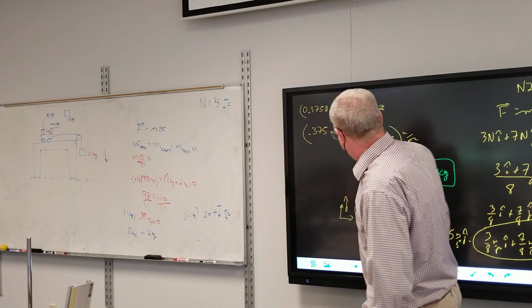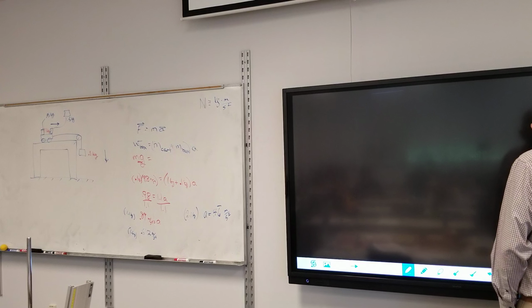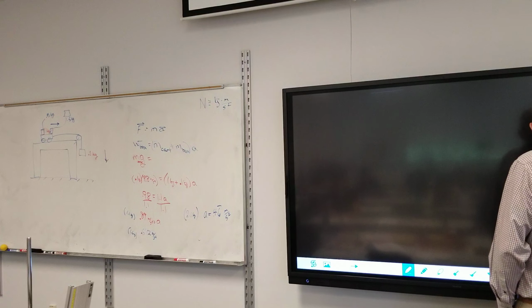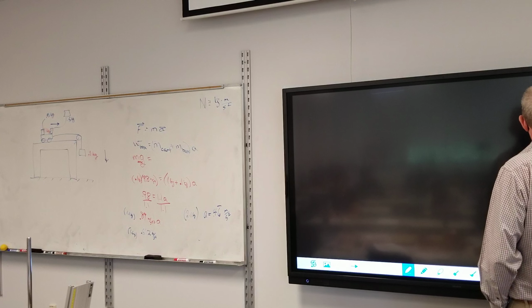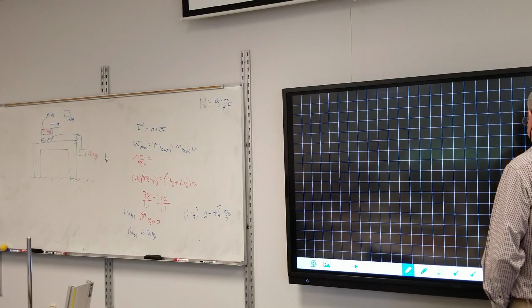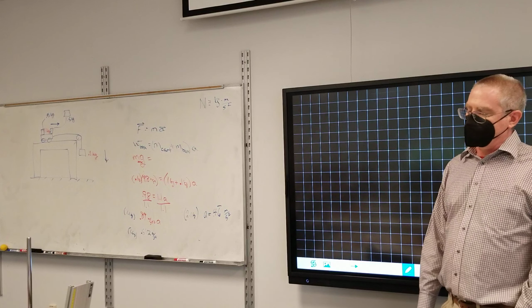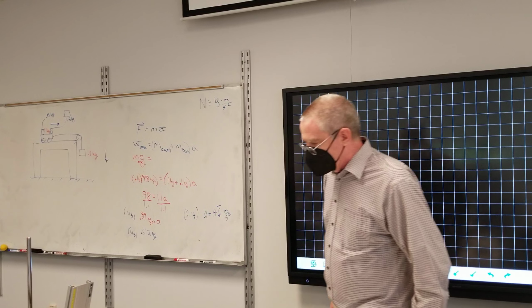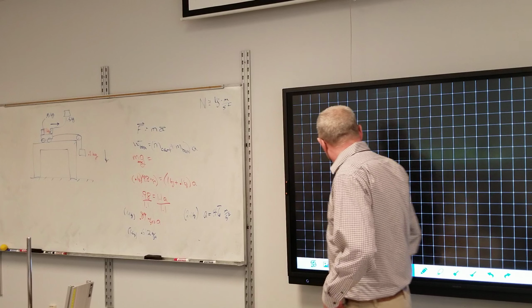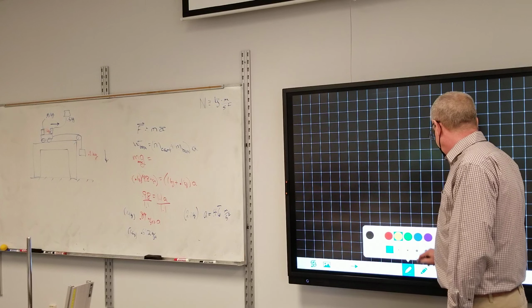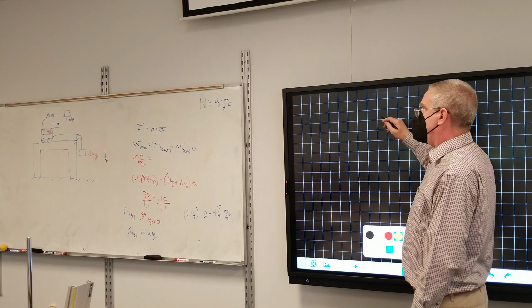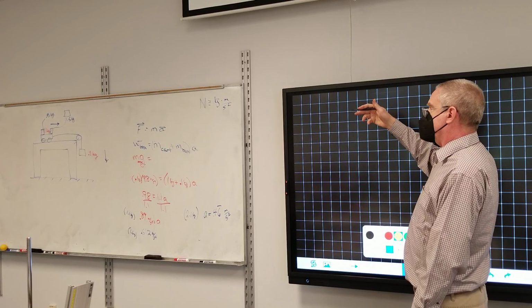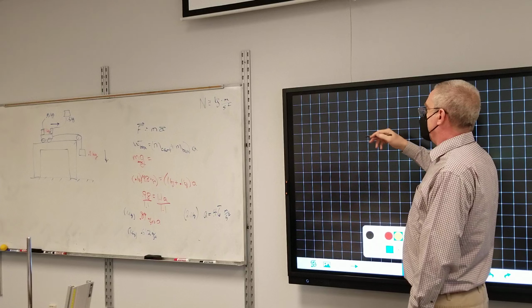Now, let's check out... Everybody loves a graph. All right, so what did we adjust? We adjusted the total mass, and then we measured acceleration.